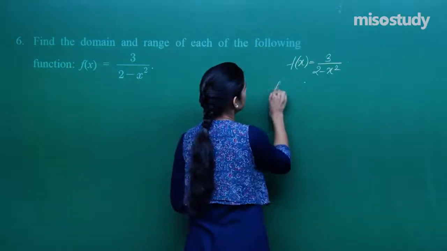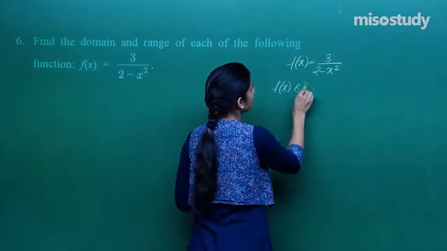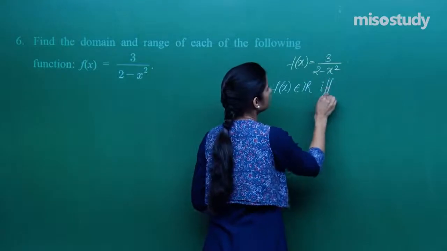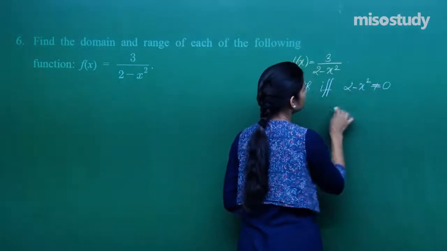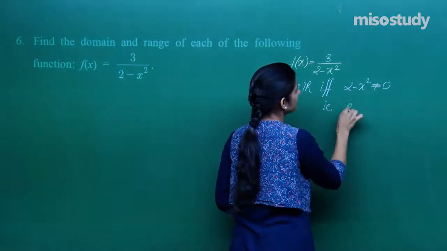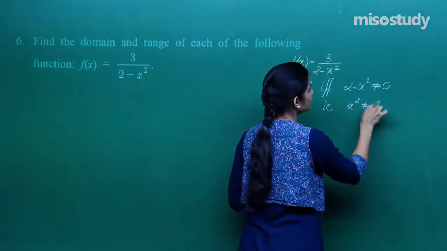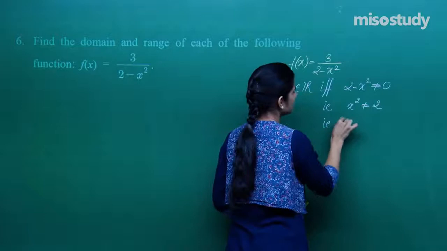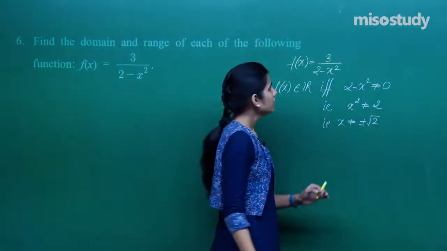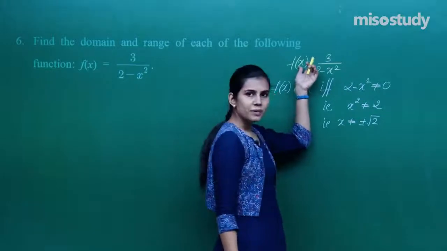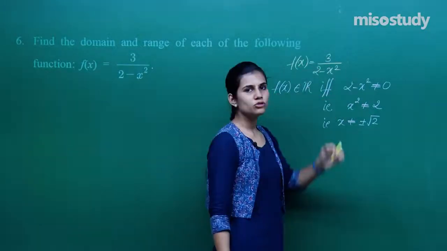So I am saying fx is real if and only if denominator is not equal to 0. That is, x square is not equal to 2. That is, x is not equal to plus minus root 2.